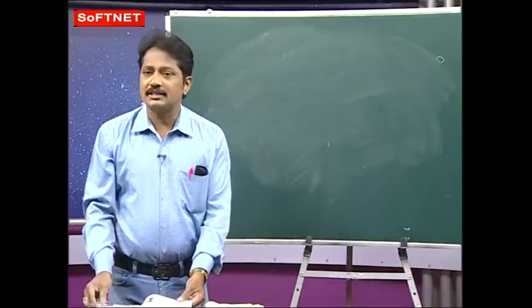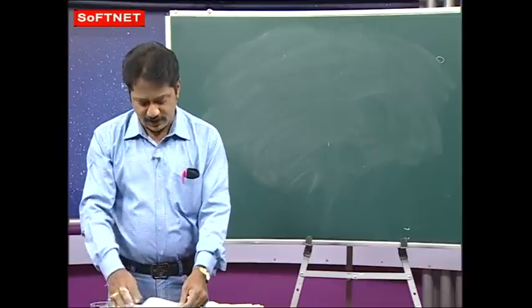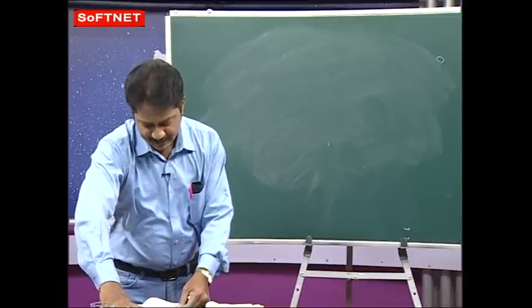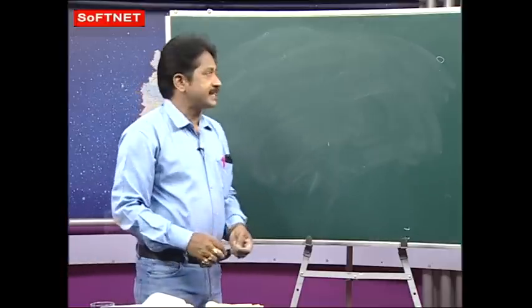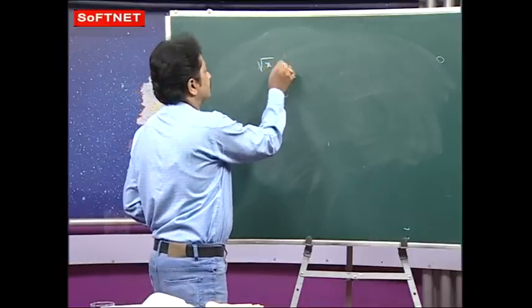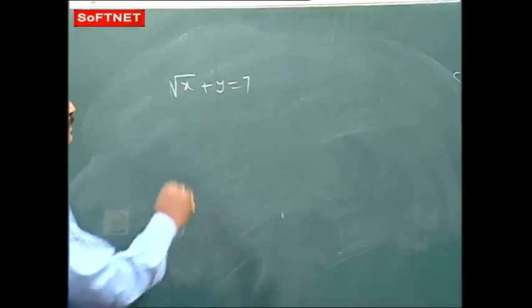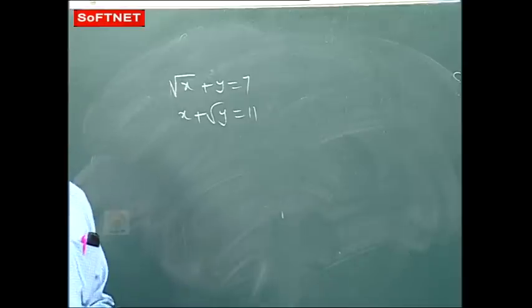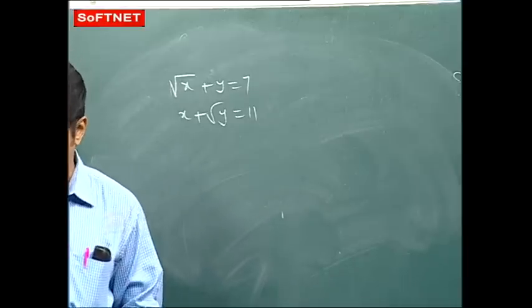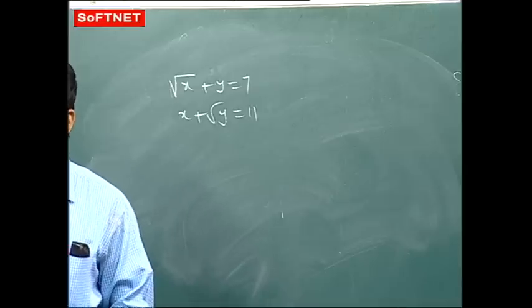Now you can understand, we can move to another mathematician. Of course I will give some very interesting things here. Root x plus y is equal to 7, and one more equation is x plus root y equal to 11. When you have a pen with you, try to get the answer.